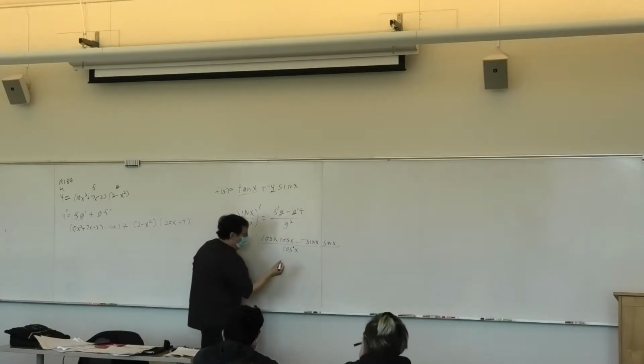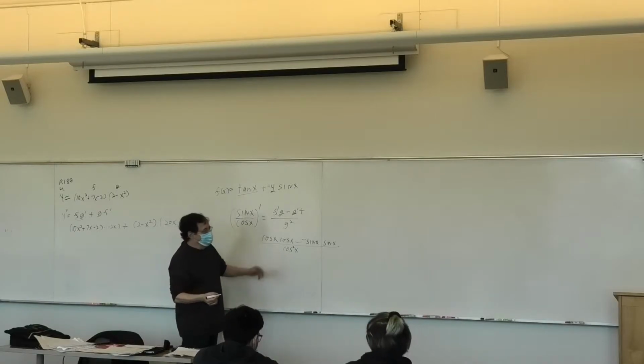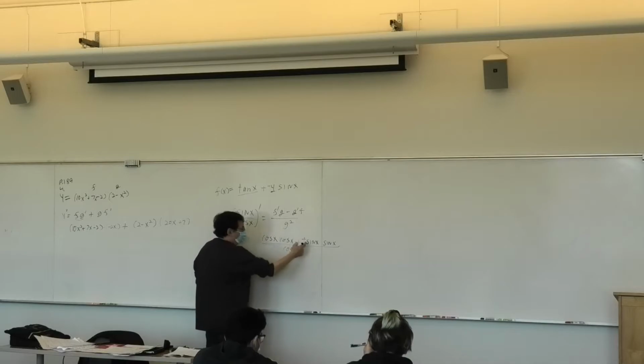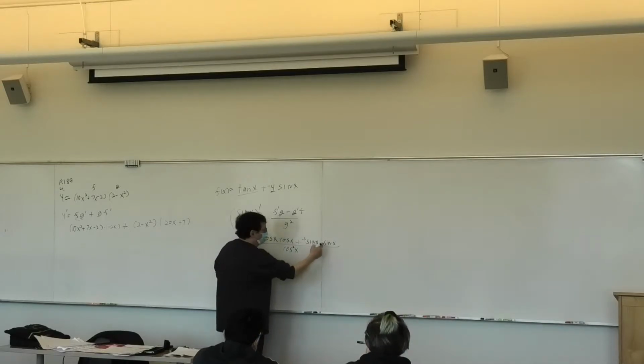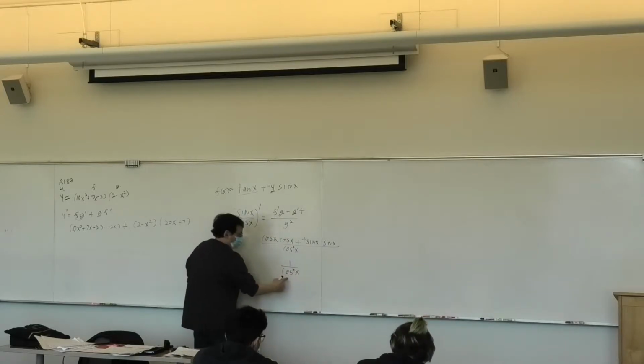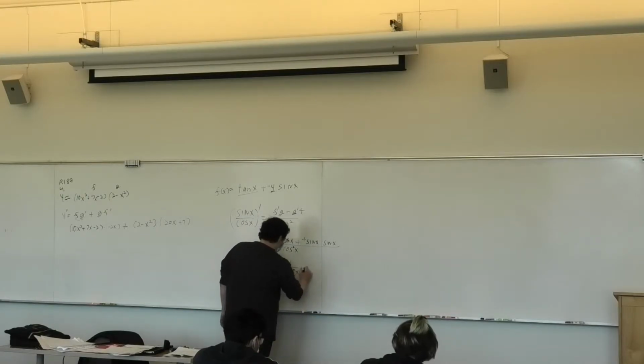Well, all right. Now, yeah, you could leave it this way. This is cosine squared plus sine squared, which is 1. So we get 1 over cosine squared. And that would be fine too. But if you remember, 1 over the cosine is the secant.